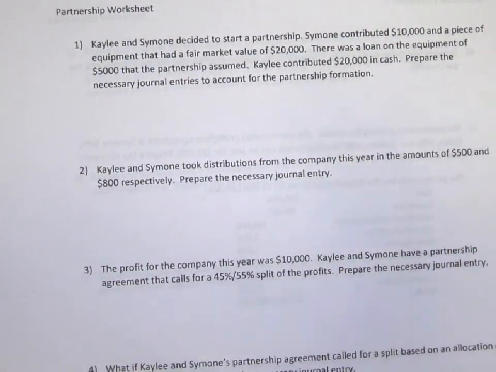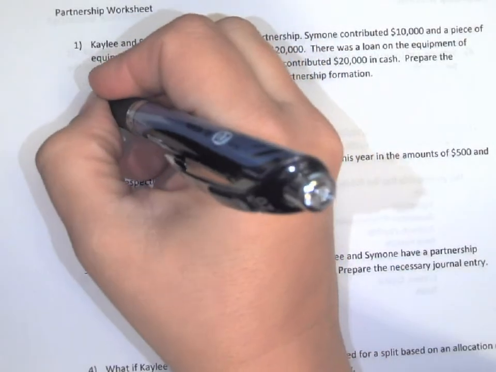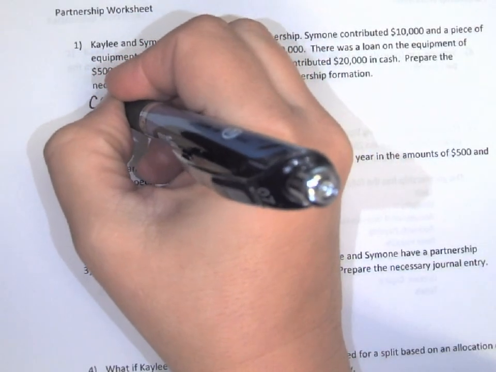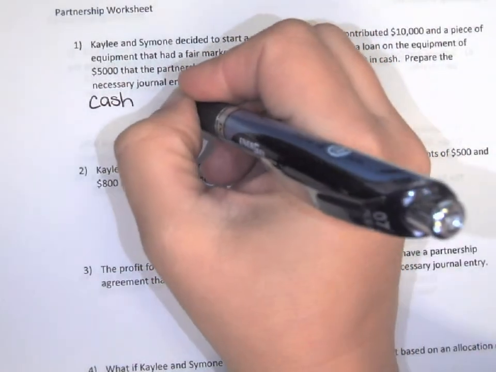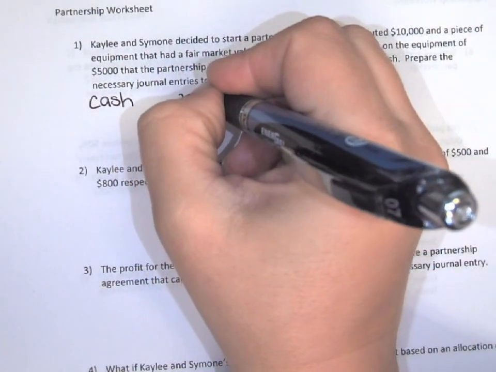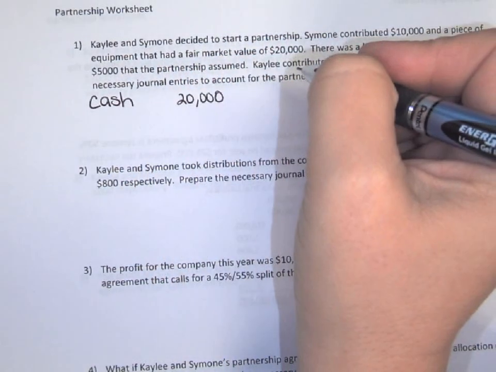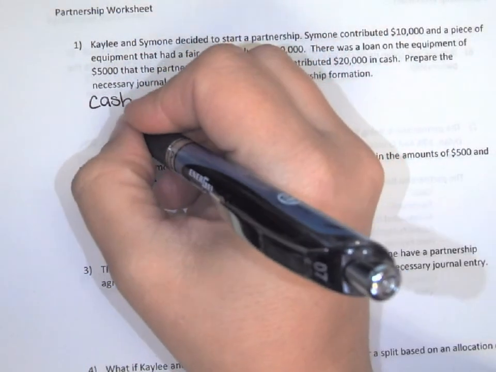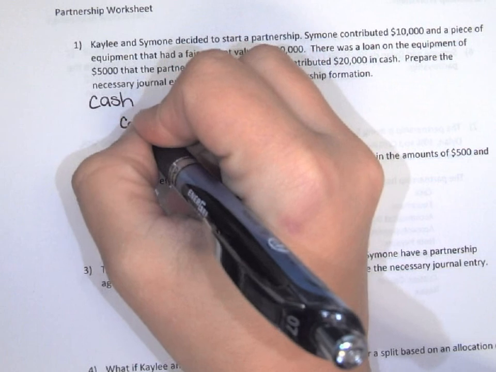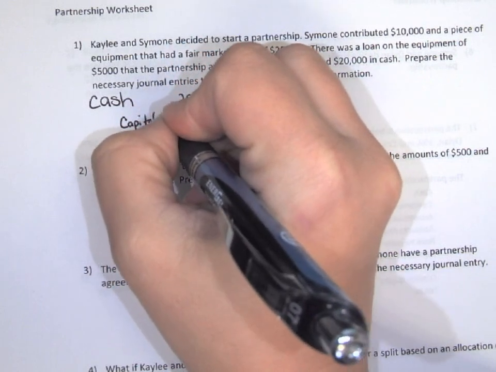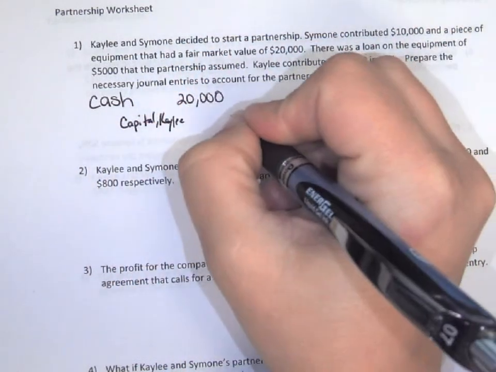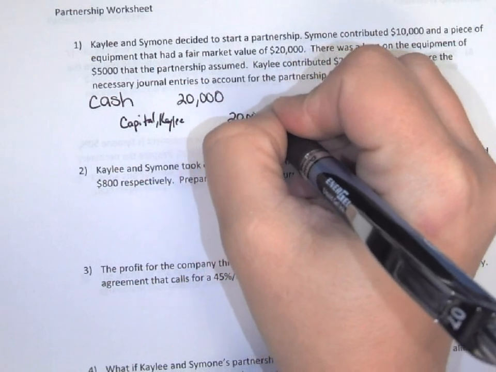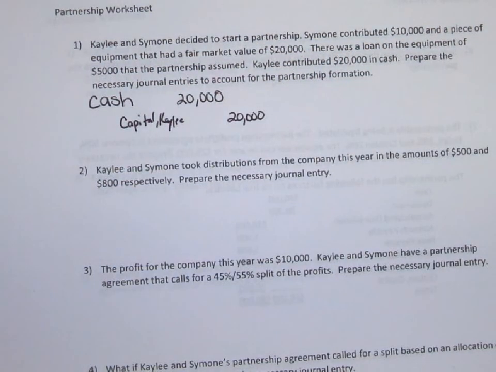With Kaylee contributing cash, what this means is that we are getting cash in the amount of $20,000. Why is our cash balance going up, which means it would be on top? It is because Kaylee actually contributed money to the business, and so that would be her capital contribution.